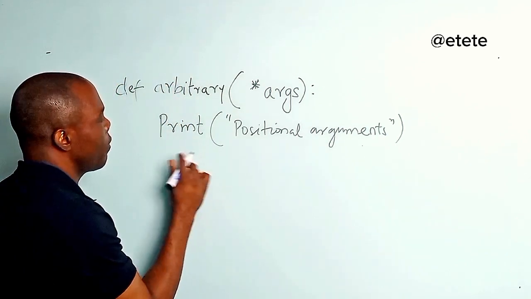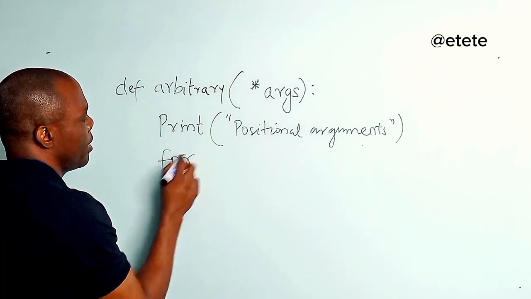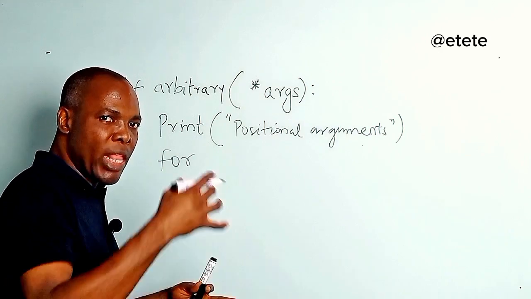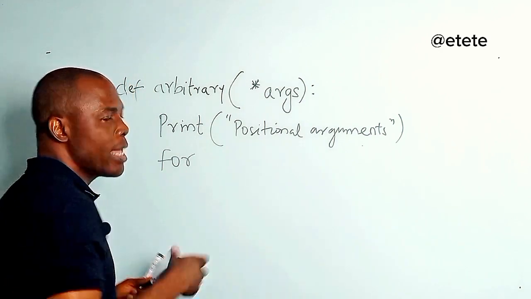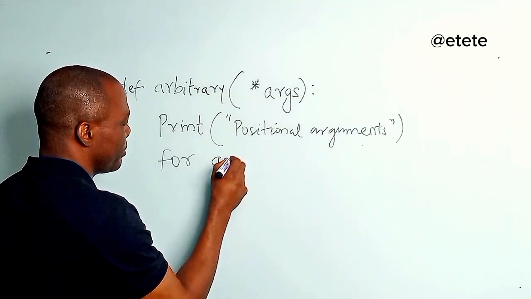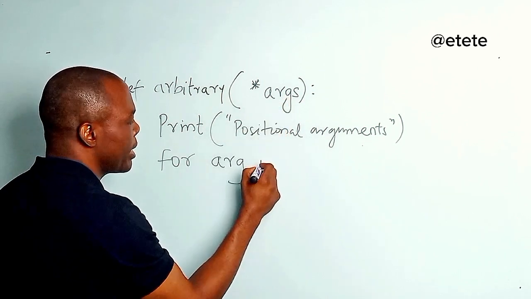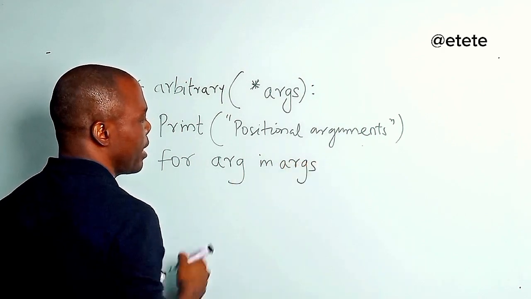So I will say for. I will declare another variable that will temporarily hold the data that I'll be pulling out from the tuple. So I will say for arc. I'm still going to give it a similar name, arc. Now this one is not carrying the s. So for arc in args.